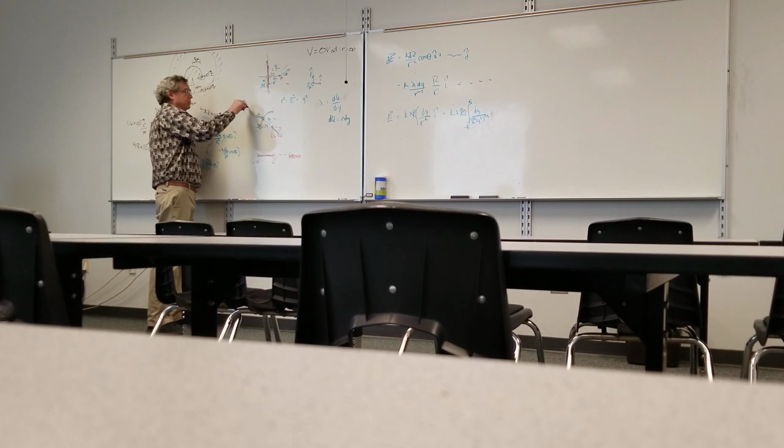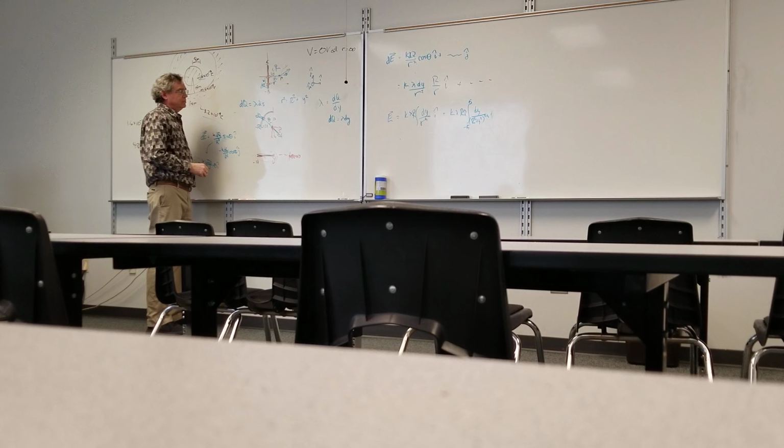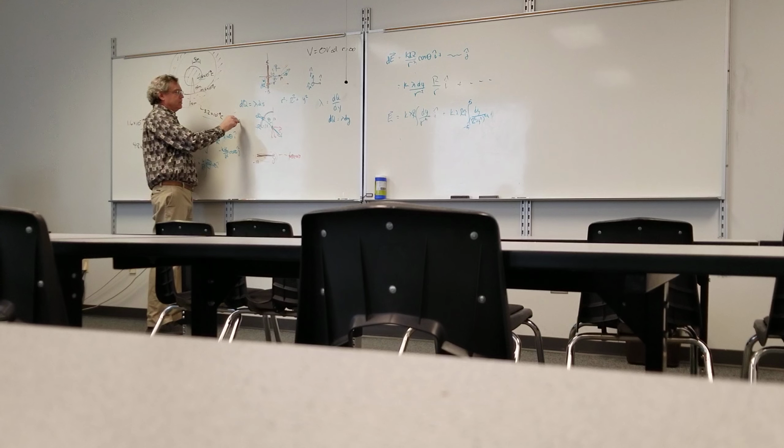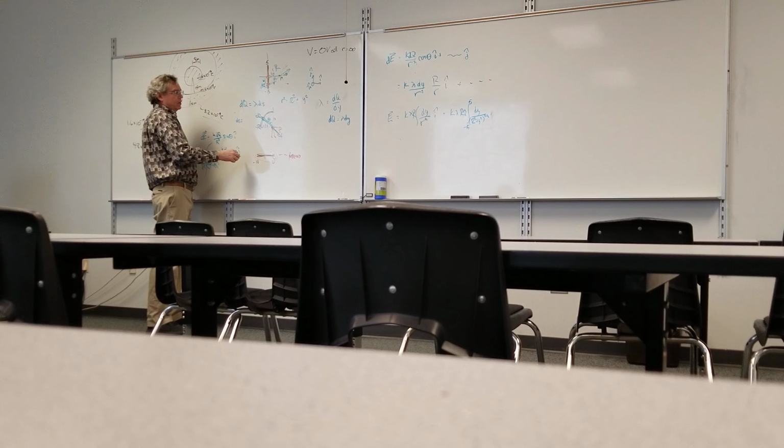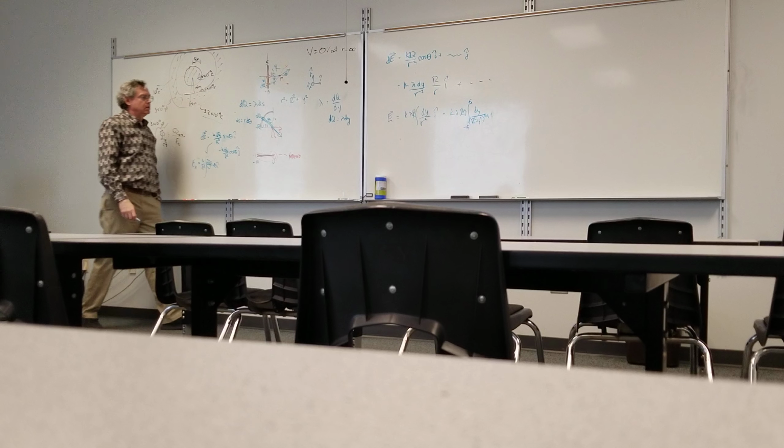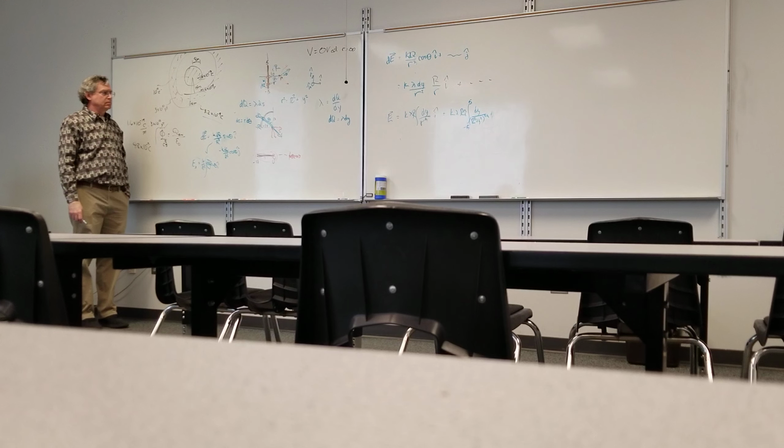So dQ is lambda times whatever that distance is, which I'll label as ds. I know that ds is going to be equal to, and this is where we get into the polar bit, arc length is equal to r d theta.